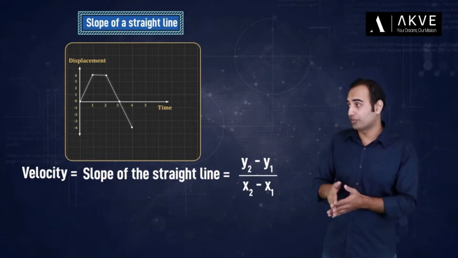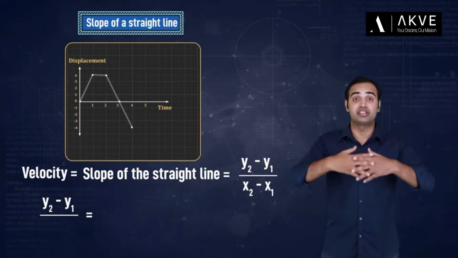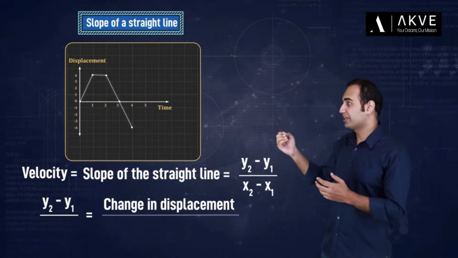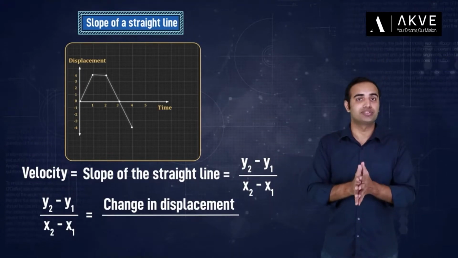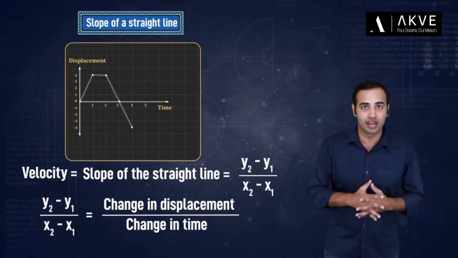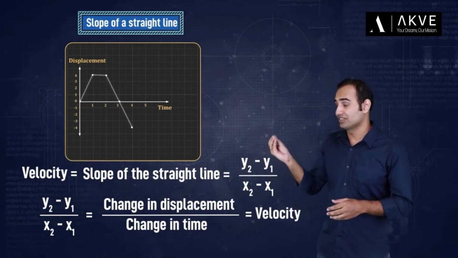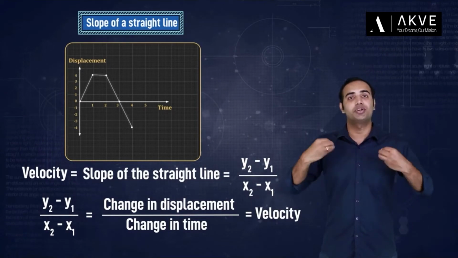In the context of our displacement time graph, y2 minus y1 would essentially show us the change in displacement because we have displacement plotted along the y-axis, and x2 minus x1 would show us the change in time because time is plotted along the x-axis. So essentially, velocity is simply change in displacement divided by change in time, a formula that you are already familiar with.